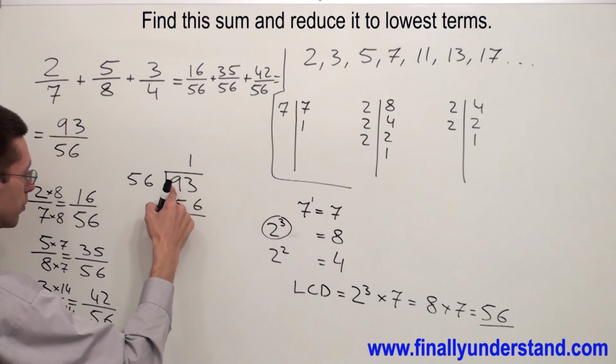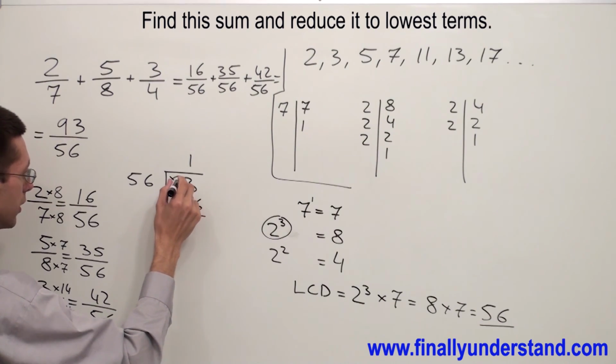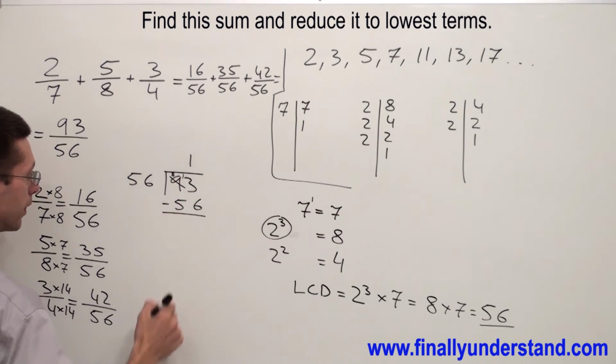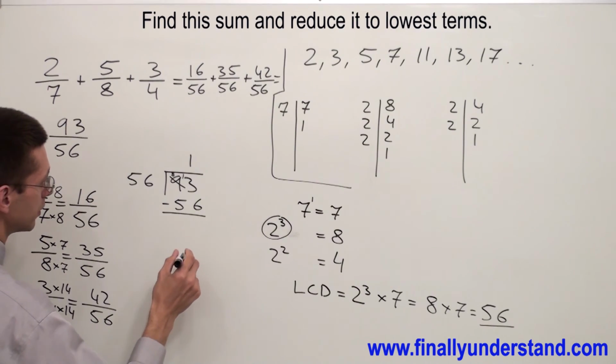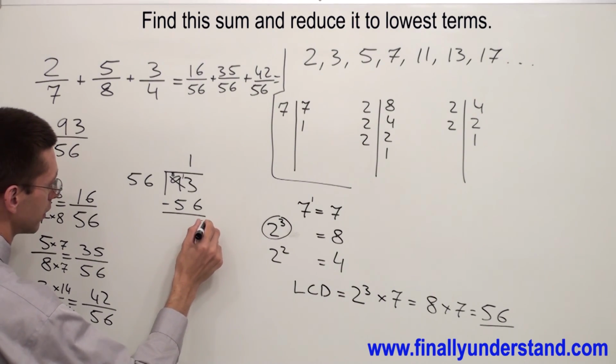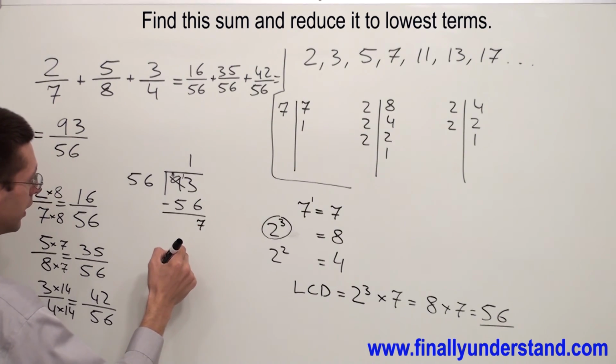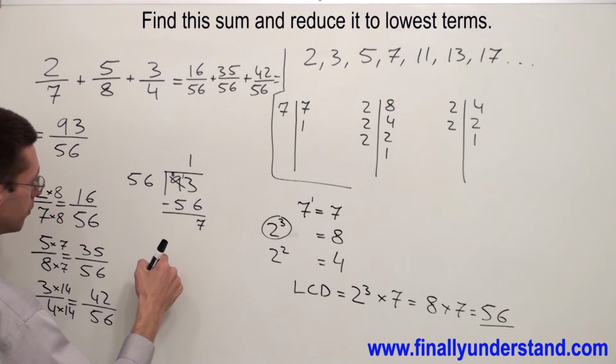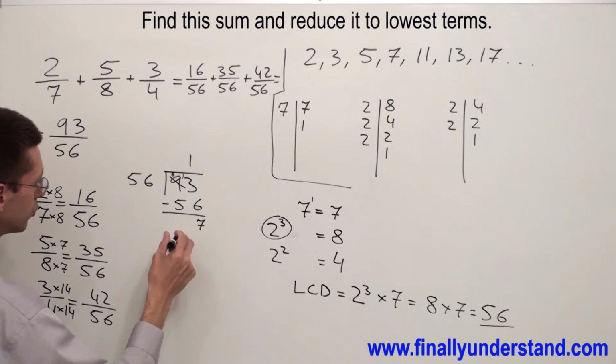I have to borrow 1 from 9. So this is not going to be 9 anymore. It's going to be 8. And this is going to be 13. 13 minus 6 is 7. Okay. And I have 8 minus 5 is equal to 3.